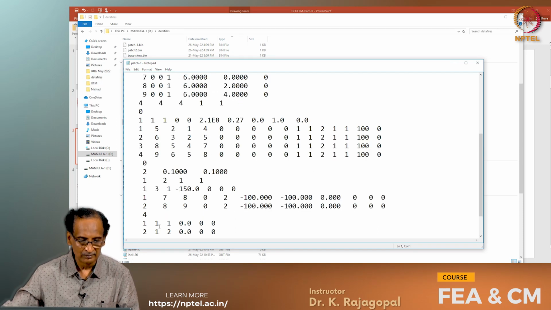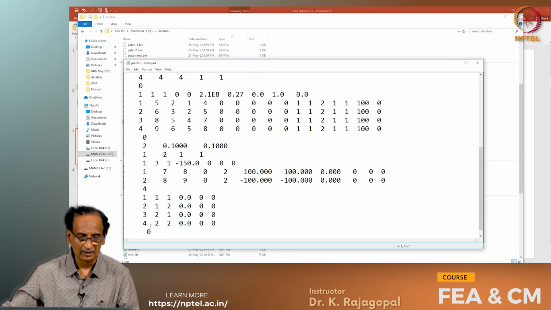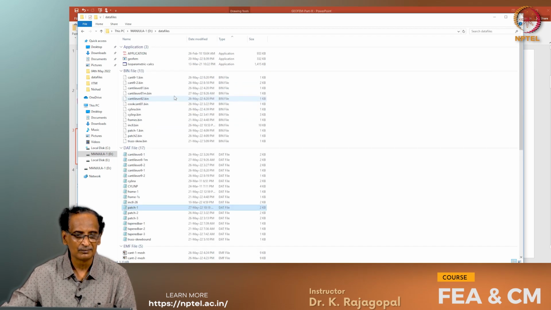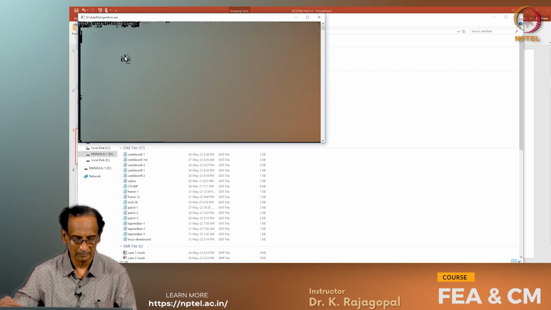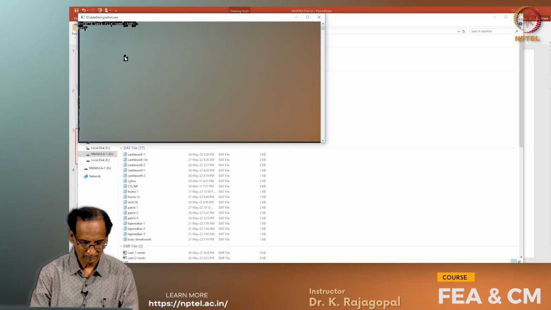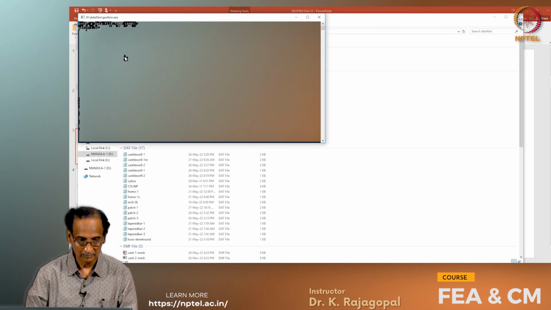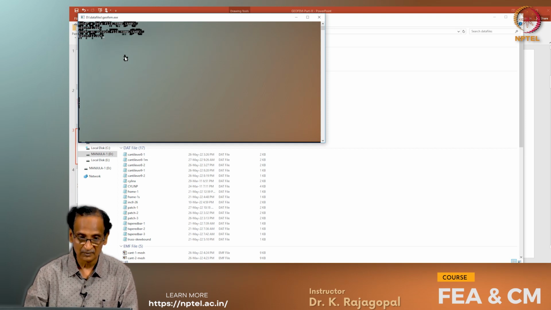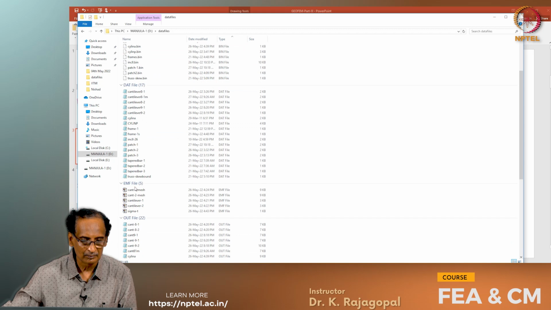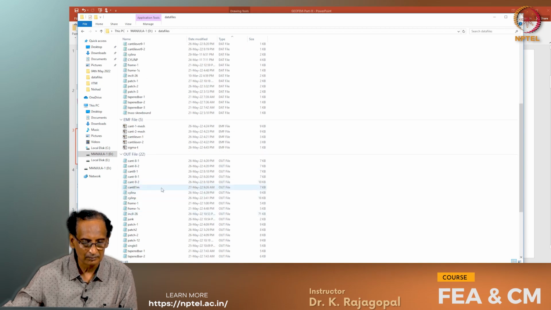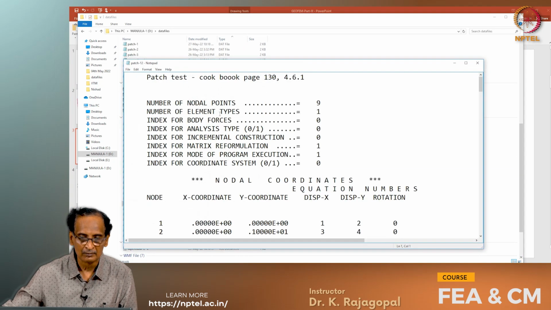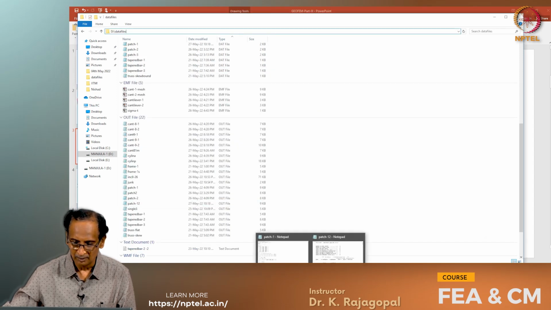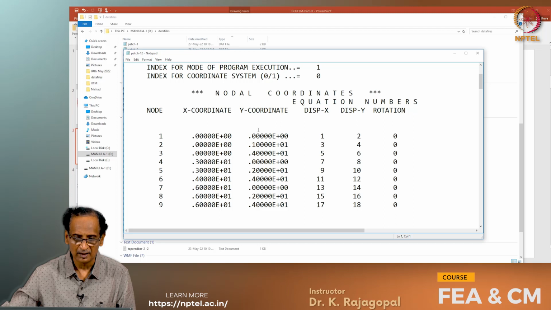So, at node 2 I am fixing the displacement in the y direction, and now let us see what happens. So, here we are not allowing the mesh to deform in the other direction.